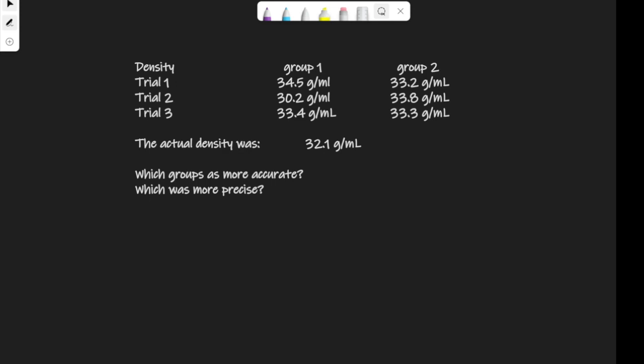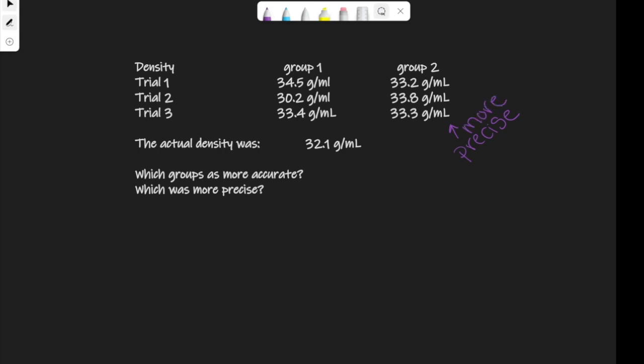Looking at these data sets, I can already tell something right off the bat. If you look at group 2, my deviation between these measurements is really small. So this is more precise, meaning that all of my measurements are closer together.